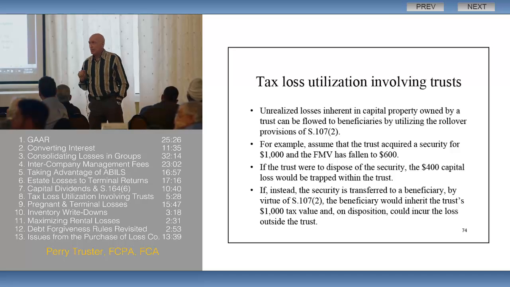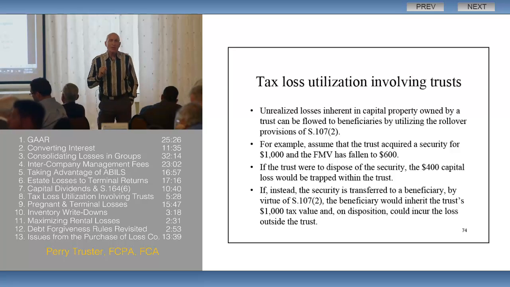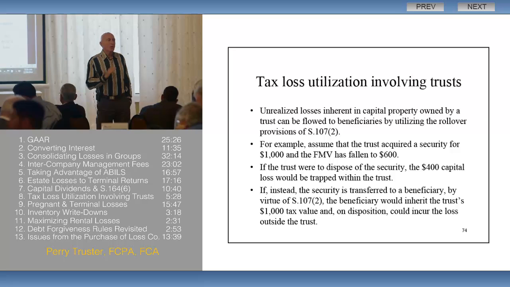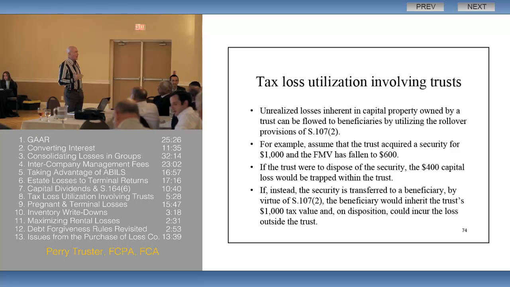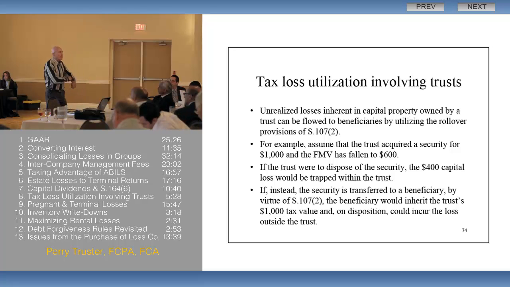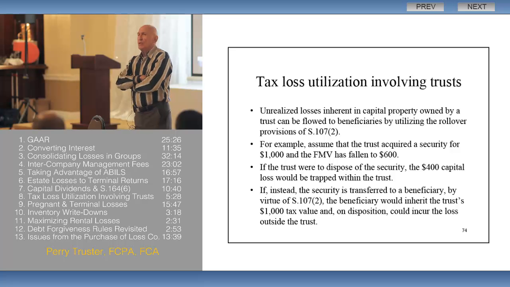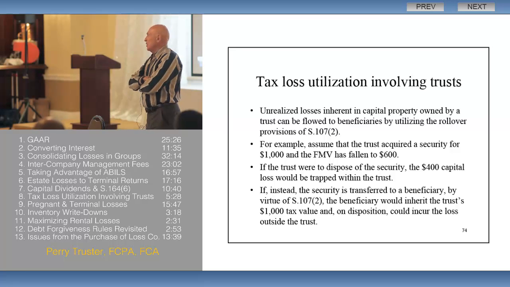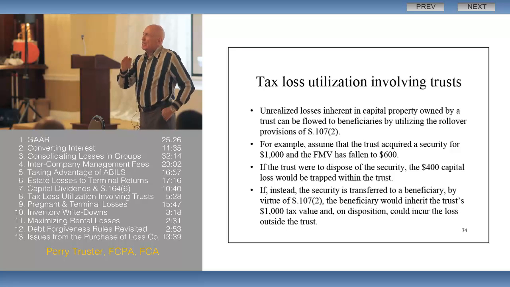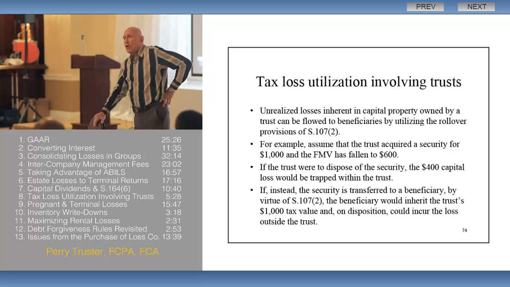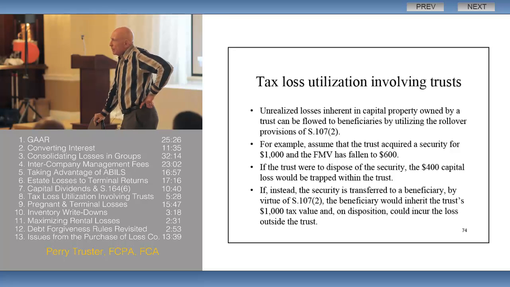There's a provision in the Income Tax Act that I mentioned here, 107(2), which is usually used to do a rollover so you don't have a gain. What 107.2 says is that if a trust, in most circumstances, transfers property to a beneficiary in satisfaction or partial satisfaction of the beneficiary's interest in the trust, the property is rolled out at the cost to the trust of the property.